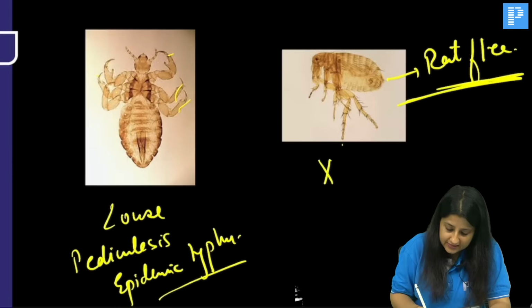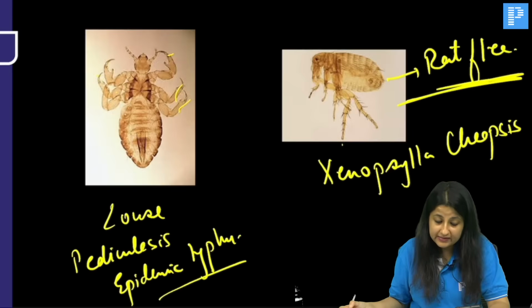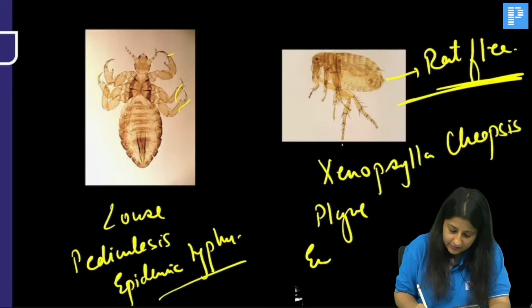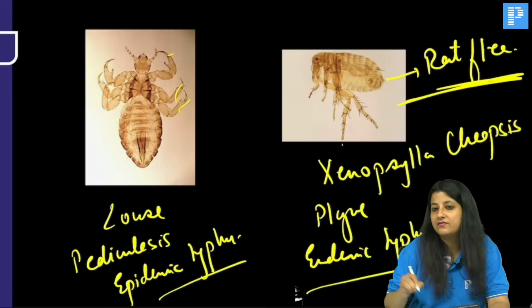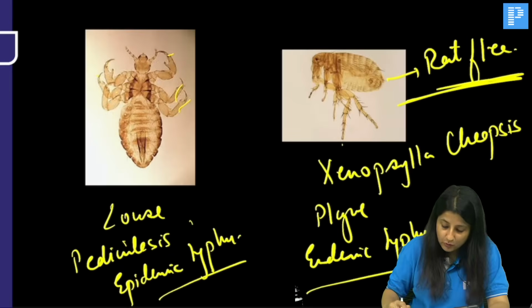Xenopsylla cheopis, bubonic plague. Xenopsylla cheopis, very important for bubonic plague. That's one of the most important things you will remember. Also you will remember endemic typhus, which transmits Rickettsia typhi. Louse: epidemic typhus, which is Rickettsia prowazekii.